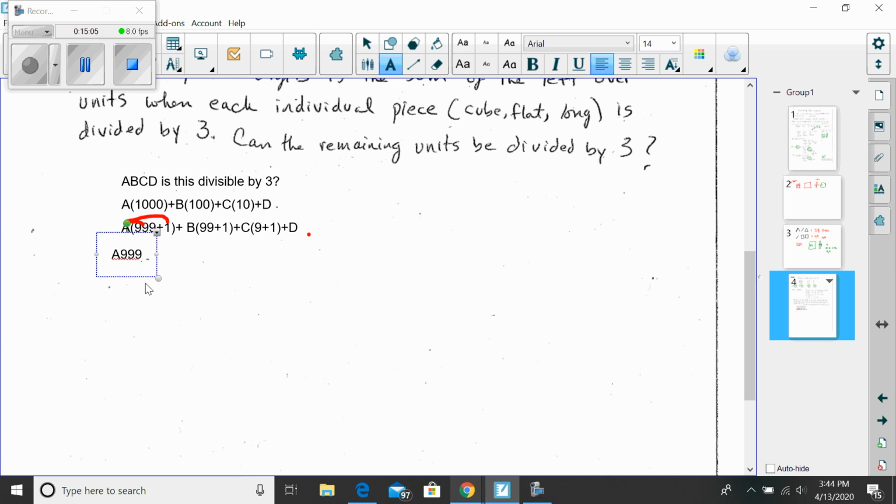So what it boils down to is this is what I don't know: is this divisible by 3? And if it is, then the entire number is divisible by 3. So again, if the sum of the digits is divisible by 3, then the entire quantity is divisible by 3.